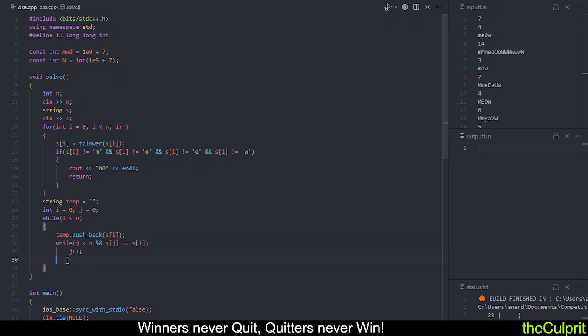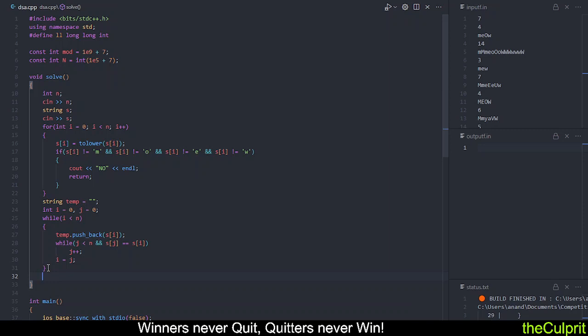And then since i is inserted, I'll have to just do i equals j, because at that point j will be pointing to the next distinct character. In this way, I think we have formed the temp, and now it just remains to see if the temp has the correct order of the letters meow.